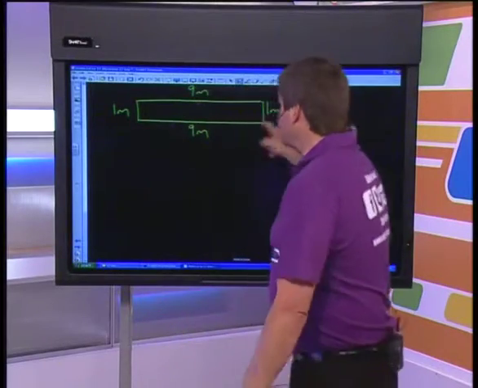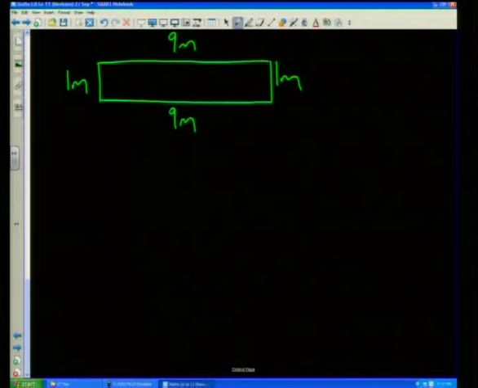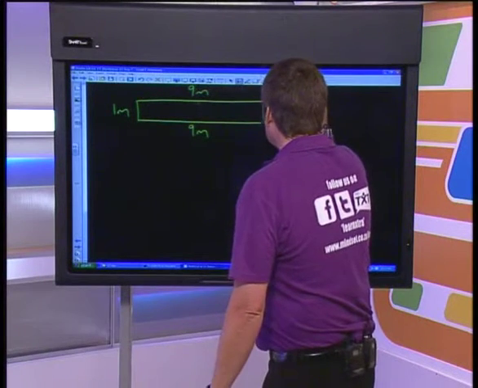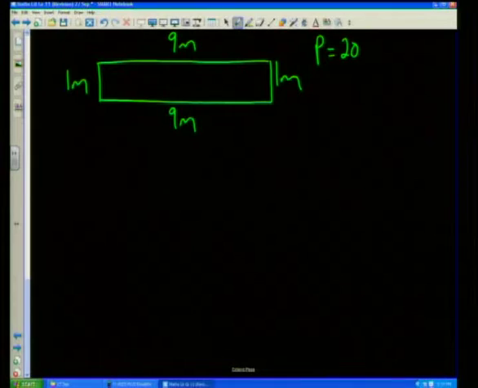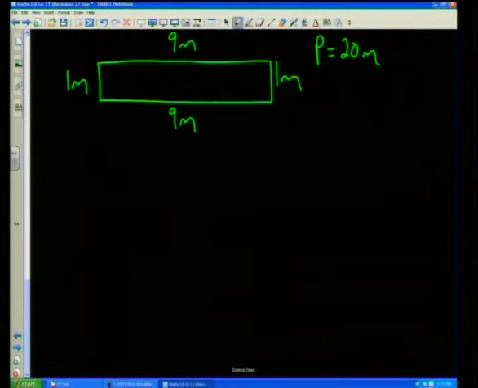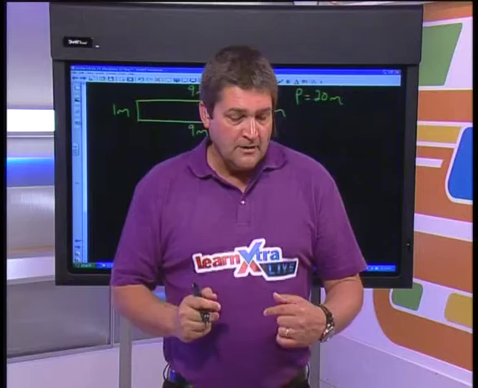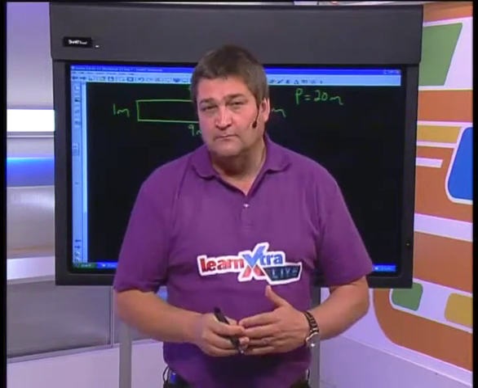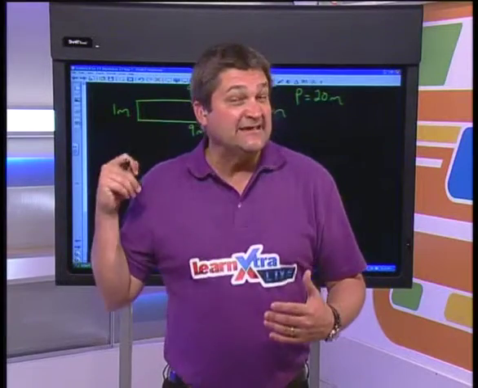So she drew this plan, 1 meter by 9 meters. So the perimeter of fencing she's used is 20 meters. But there's a rule, and the rule is quite simple: for every 1 meter squared, you're allowed 1 chicken. So we had to calculate the area.